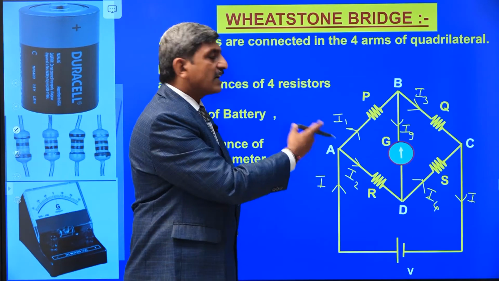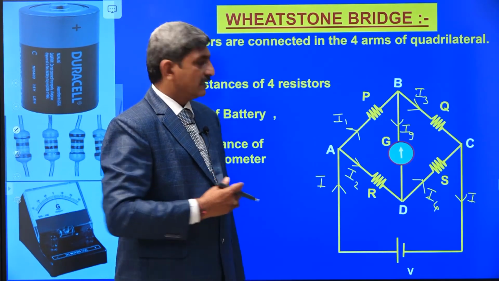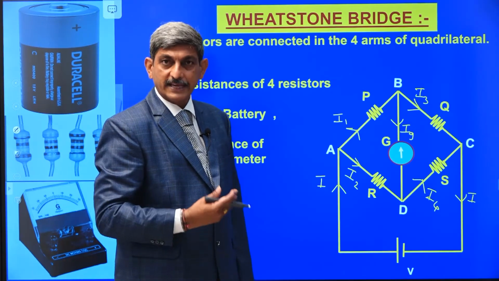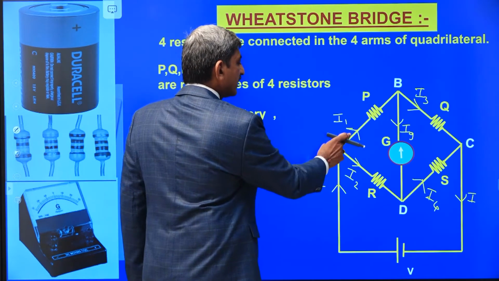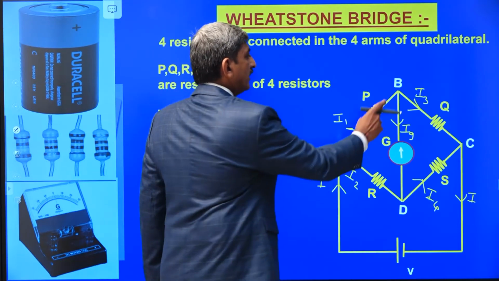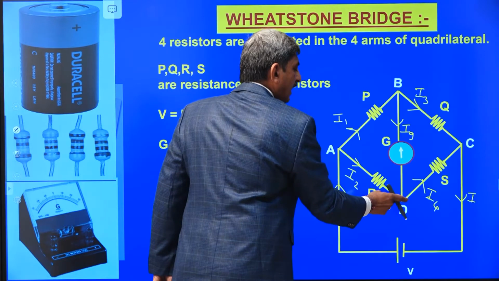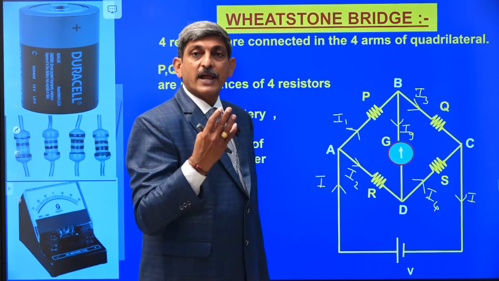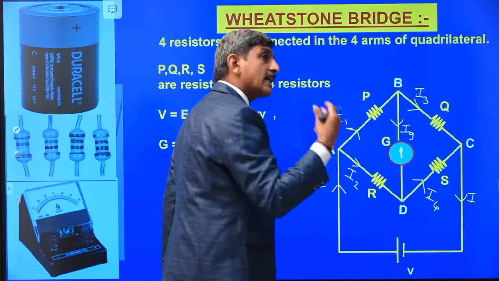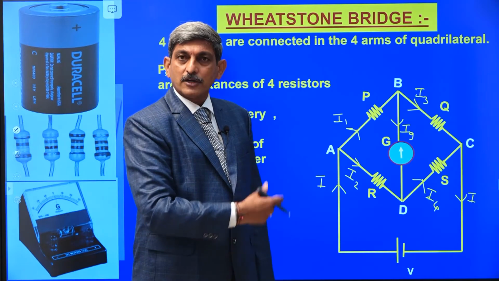Now for this network we are going to apply the Kirchhoff laws. In this network, are there junctions and are there loops? Yes. At point A, 3 branches are meeting, so A can be treated as a junction. At point B, point C or point D also 3 branches are meeting, so the points B, C and D can also be taken as junctions. Are there loops?